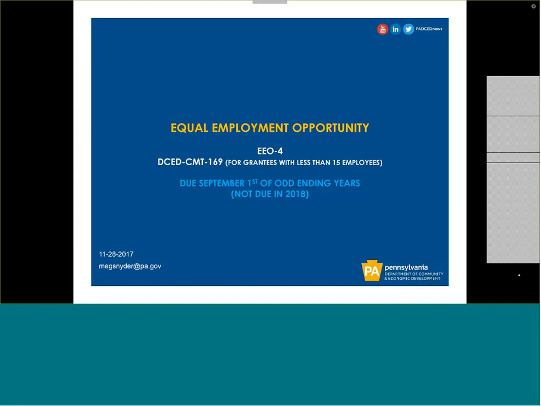Moving on is the Equal Employment Opportunity form, known as the EEO-4 form, or if you have less than 15 employees, you can do this CMT 169. Last year was the first year that we asked for these, and we did have quite a bit of problems with them, because for some, this is the first time that they've been submitting those.